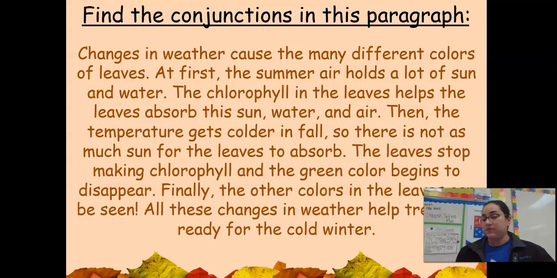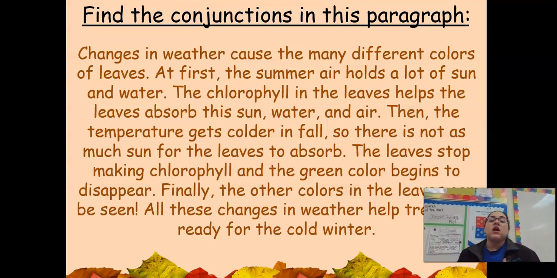The reason why I said simple and compound sentences is because compound sentences are connected by a conjunction. So when you have a compound sentence, that means that there's a conjunction there. A conjunction is like and, but, or, so.